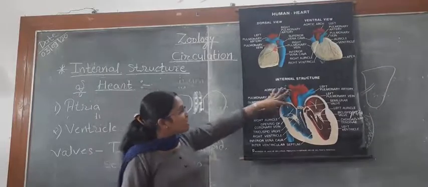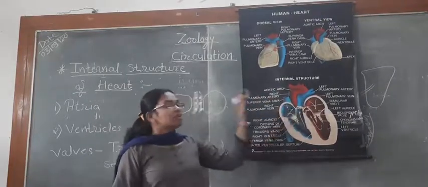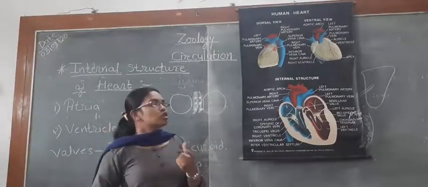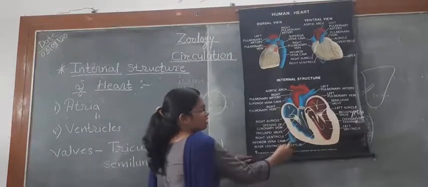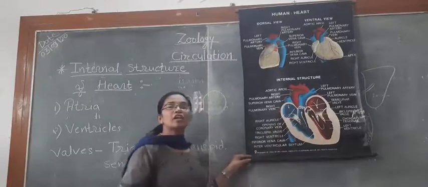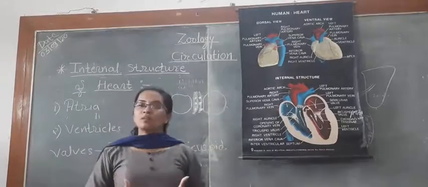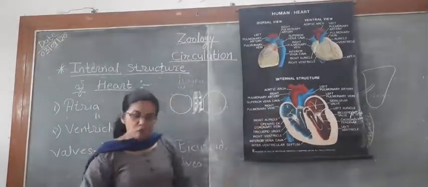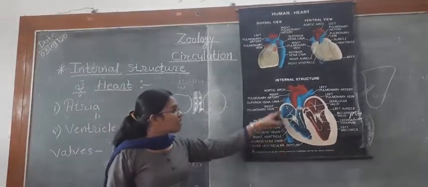The right atrium is comparatively larger than the left atrium because the right atrium collects the blood from throughout the body. There are three openings. The first is the superior vena cava, the second is the inferior vena cava, and the third is the coronary sinus. From the upper part of our body, deoxygenated blood is collected through the superior vena cava. From the lowermost part, deoxygenated blood is collected via the inferior vena cava.